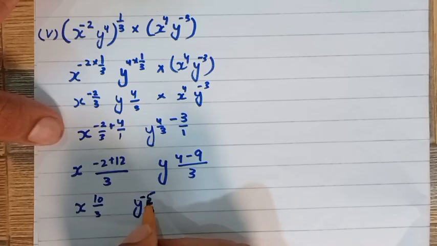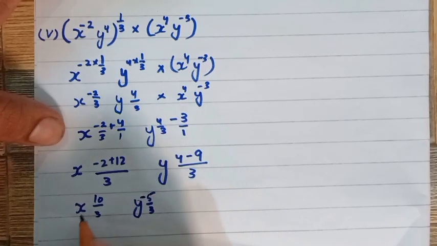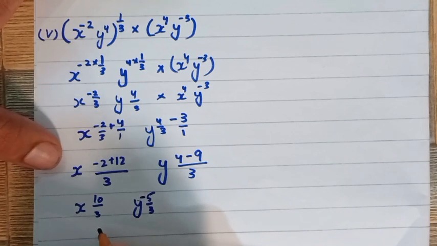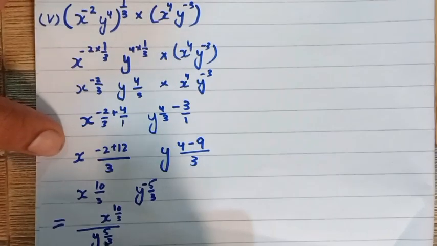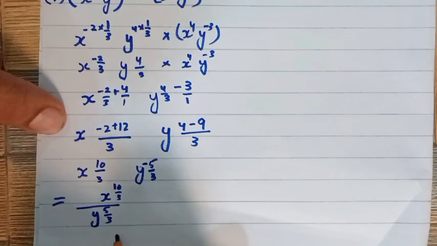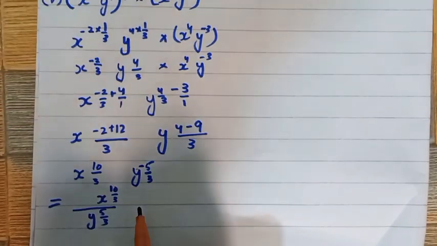See here, if the power is in minus, then that will be equal to 1 over. So we will change it into this shape: x^(10/3) over y^(5/3). So this is my answer. So it is simplified.